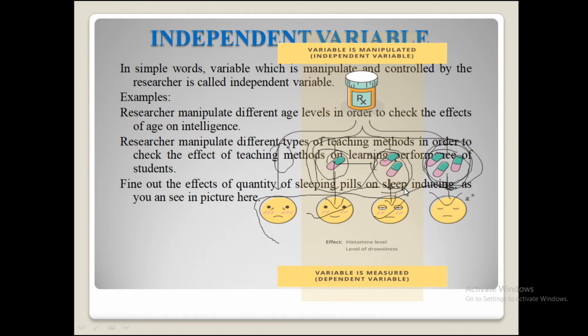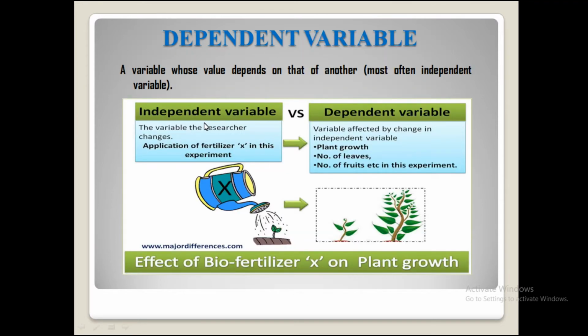And this is the dependent variable, which we will discuss later on. First of all, we will define the dependent variable: a variable whose value depends on that of another, mostly on the independent variable's value. What is the dependent variable?